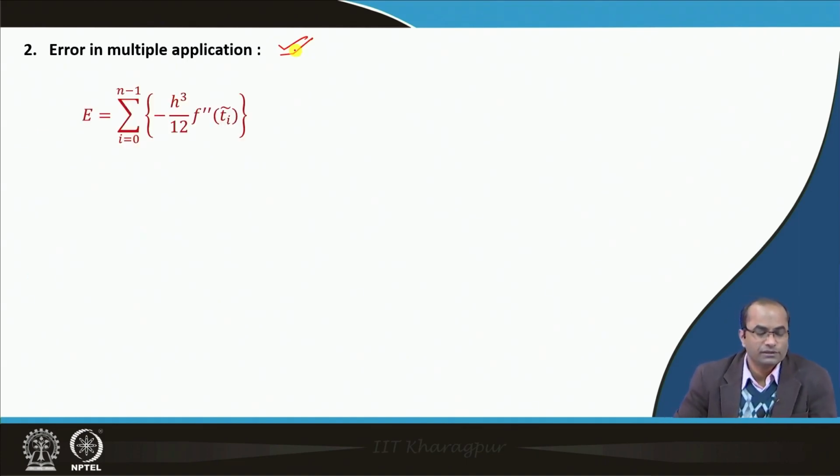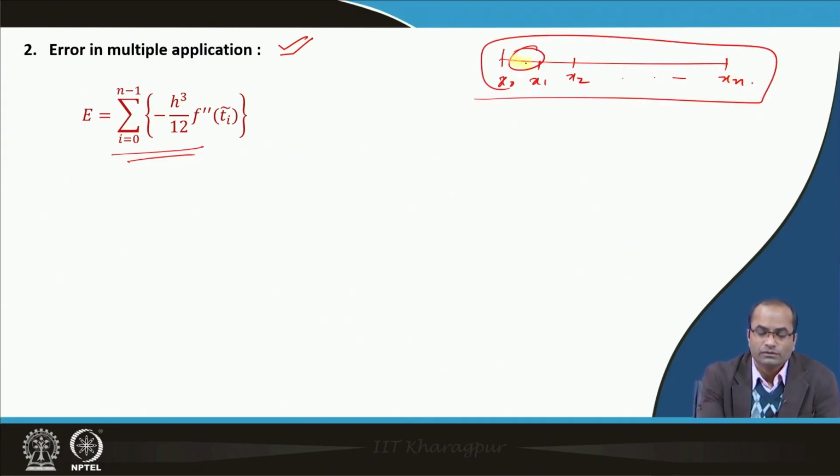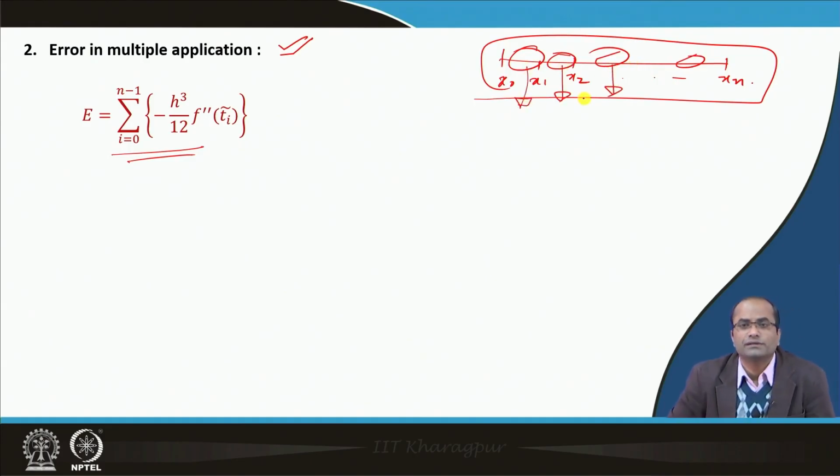So, there will be addition now. So, we have error in each step. So, this interval is broken from x naught to x 1, then x 2 and so on, then we have here x n. So, in each subinterval we are applying the trapezoidal rule, and then we have an error as a result in each interval.